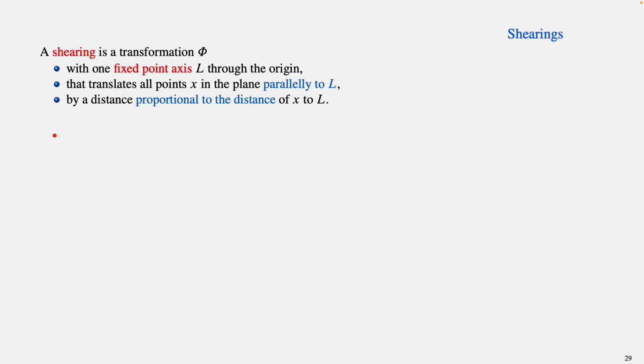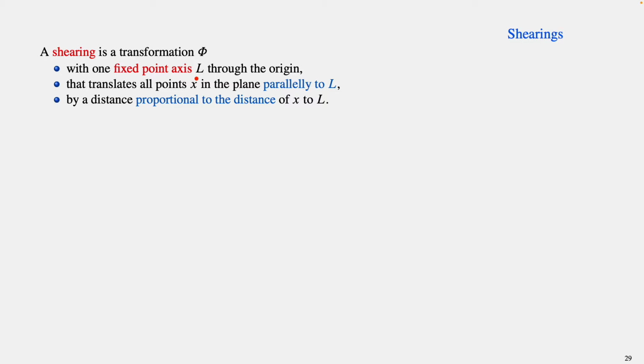The next class of transformations that we will be looking at are shearings. This one is maybe not so familiar as reflections and rotations are. Now, what is a shearing? A shearing is a transformation, again, I denote it by phi, a transformation with one fixed point axis L through the origin.